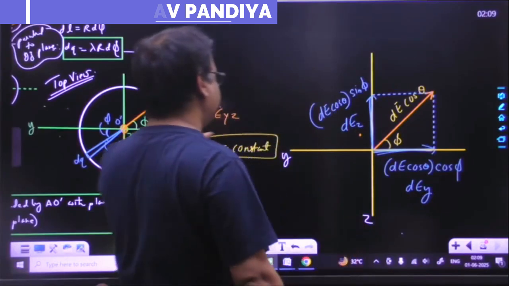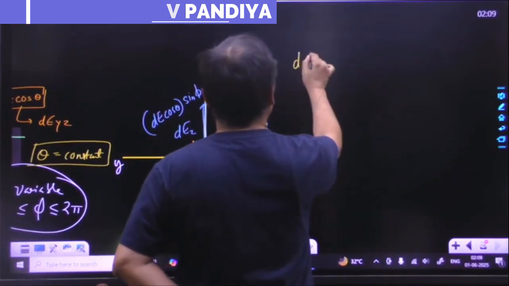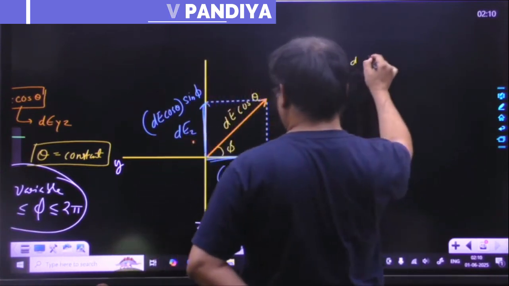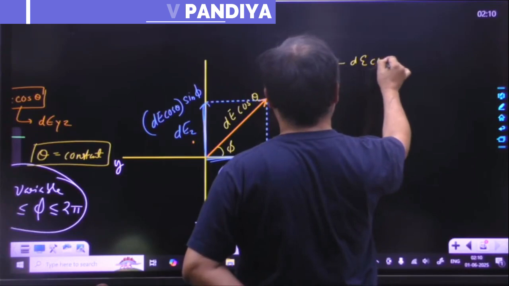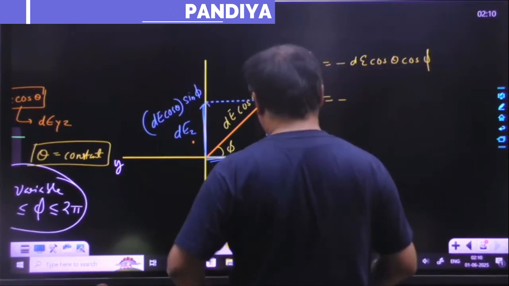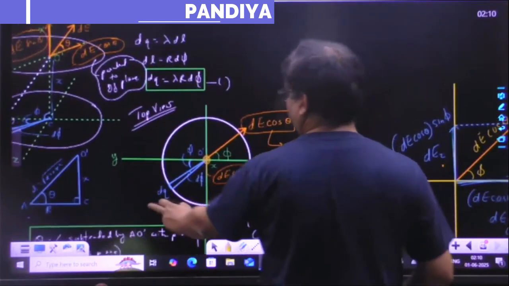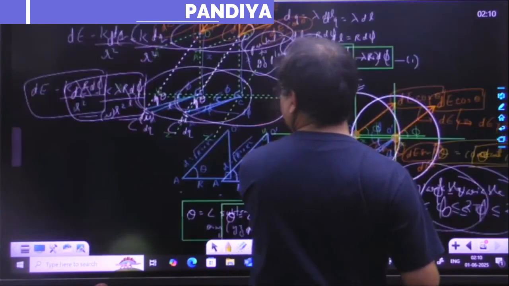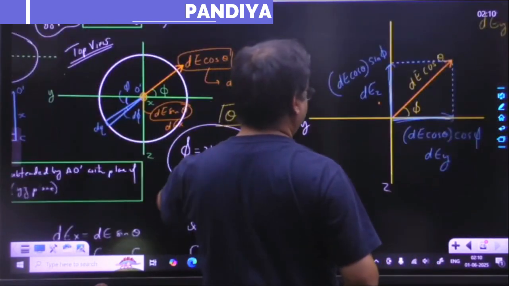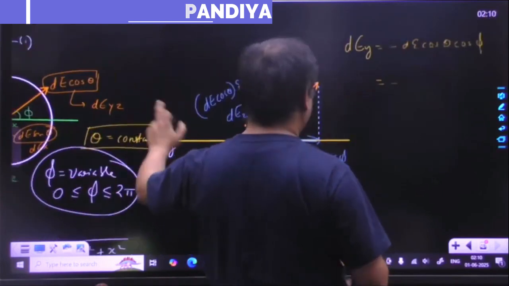Okay, now let us find dEy. So I'm getting dEy as minus, since it is on the right side and positive y is the left side, dE cos theta cos phi. And what was dE? We got from that equation, dE was k lambda r d phi by r square.